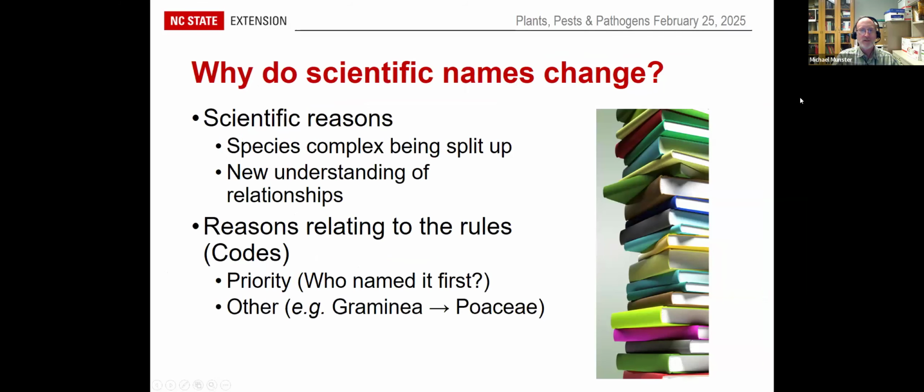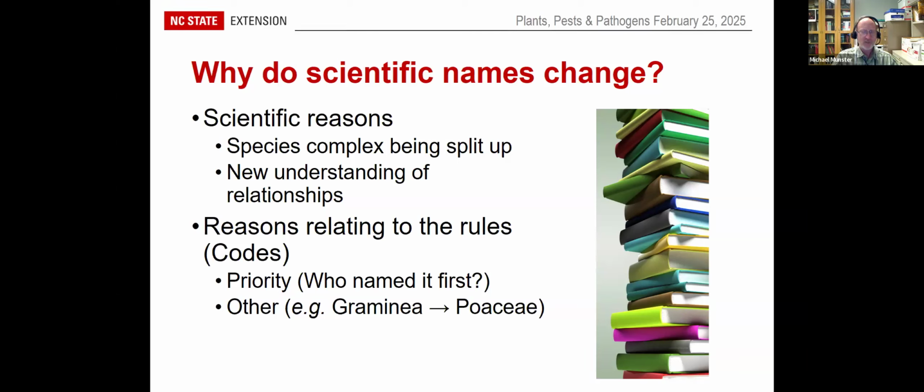Do you want to talk about this, Mike? So yeah, here's where we have to show a little humility, because even though these scientific names were supposed to be standardized so people understand them everywhere, and we don't have to worry about language and regional variation in the common names, even so, sometimes the scientific names do change.